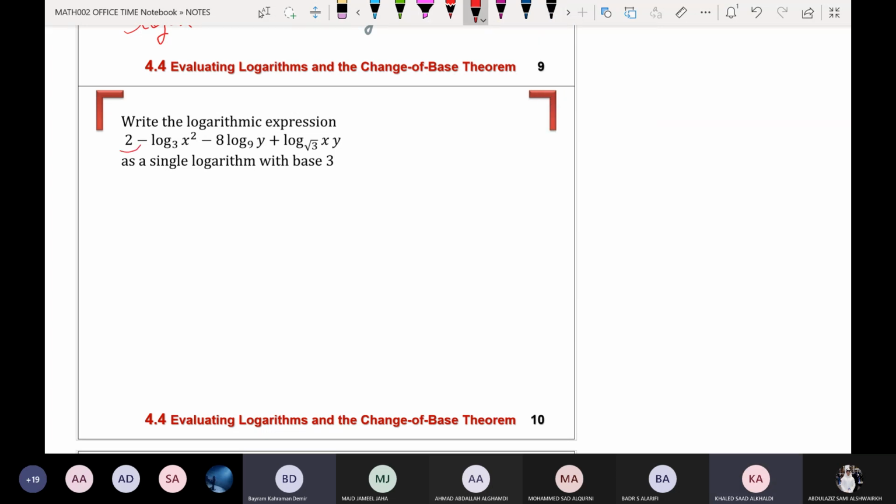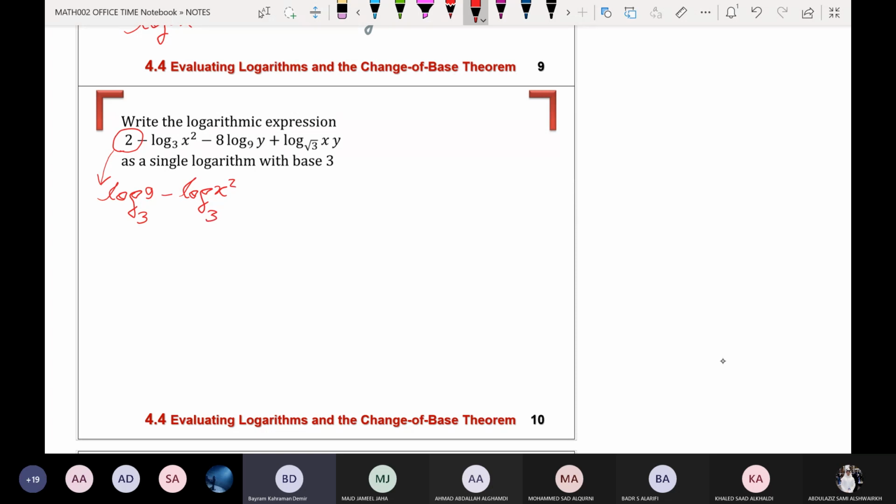What am I going to do with 2? Logarithm 9 base 3. Perfect. So it is logarithm of 9 base 3. Then minus, the second term is clear. I don't need to do anything for that. Logarithm x square base 3.